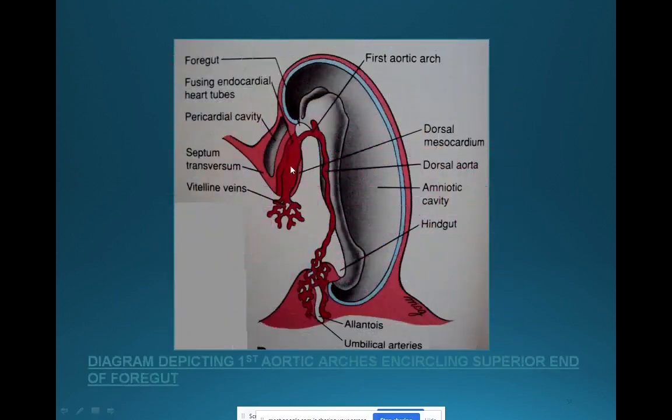Okay, once it gets folded, these are the venous inputs. Vitelline and all those veins will be there. This is the heart tube, it's about to get fused, and it is connected to the dorsal aorta on either side. This is the gut which is being formed, and above it is the brain, the neuroectoderm.